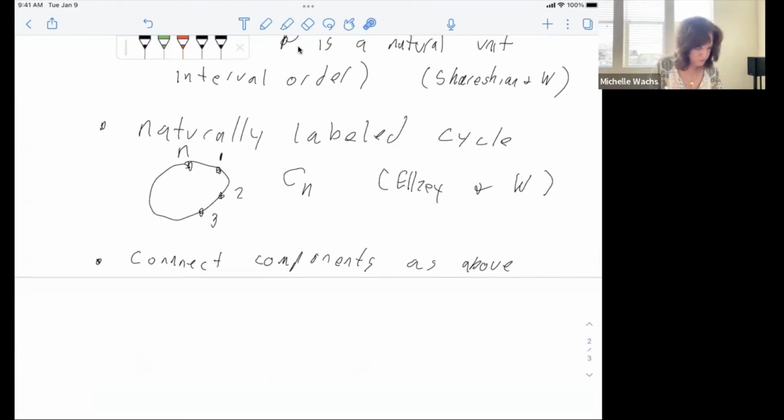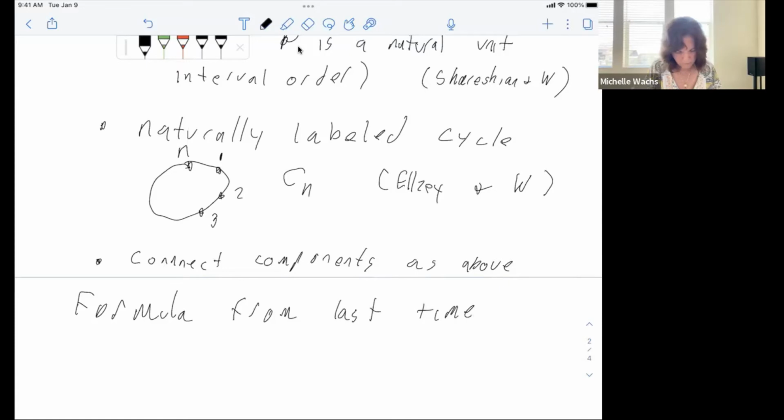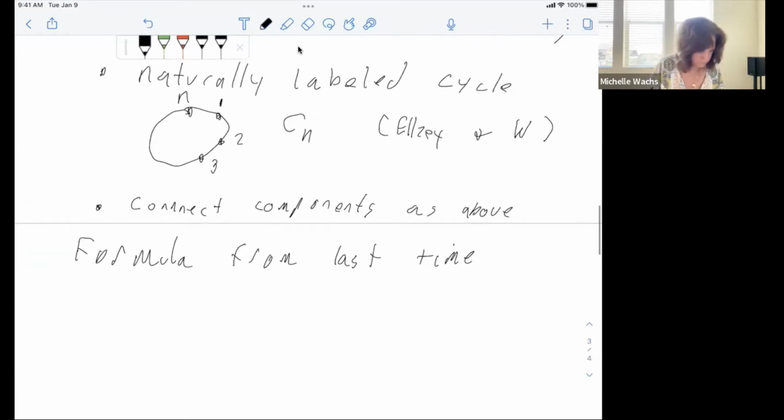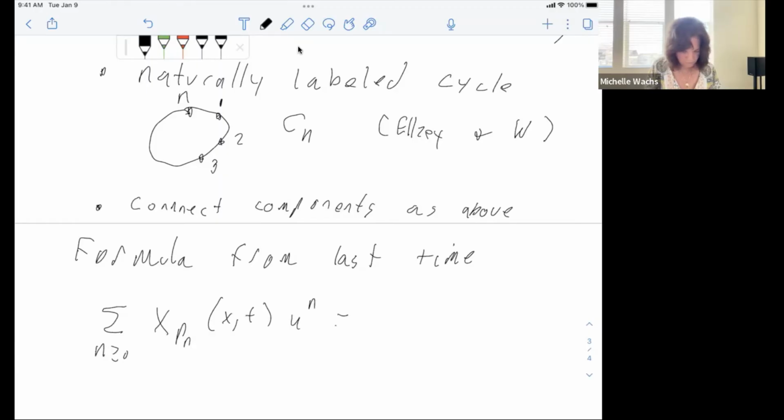So the formula from last time, that's the generating function for the elementary symmetric functions.